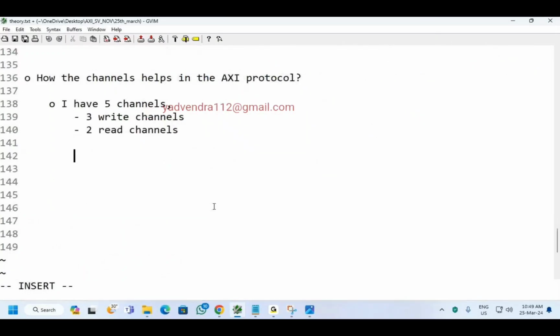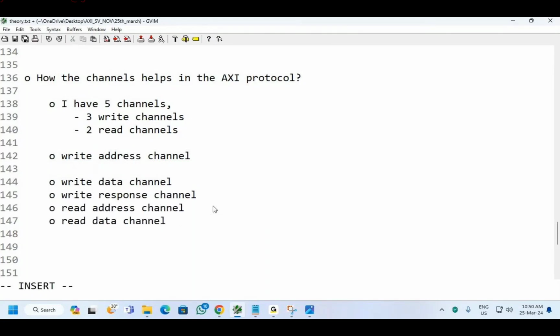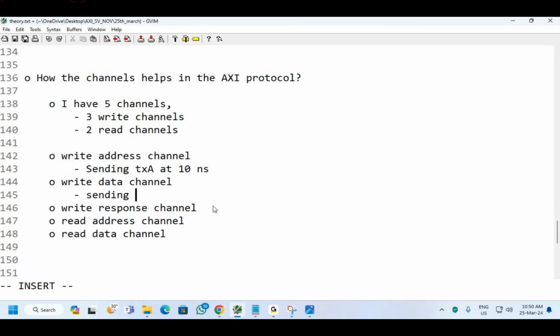Inside the 3 writes and 2 reads, how do we use them and what exactly is this leading to? Let's take write address channel, write data, write response, read address, read data channel. Say master sends transaction A address at 10 nanoseconds. Master sends transaction B data at 15 nanoseconds.